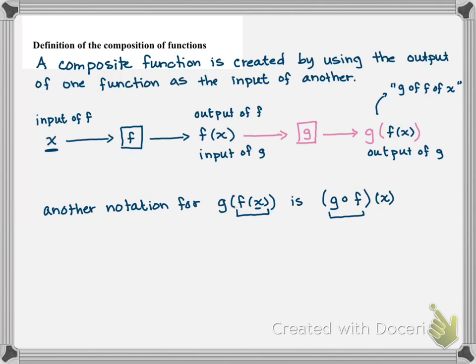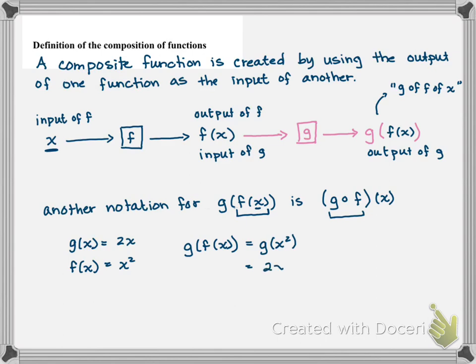Yes? So g of x times f of x does not equal the same thing. Nope. So that's a great question. If you have g of x equals 2x, and f of x equals x squared, then g of f of x would be, if you replace f of x with what it's equal to, g of x squared, which means multiply x squared by 2.